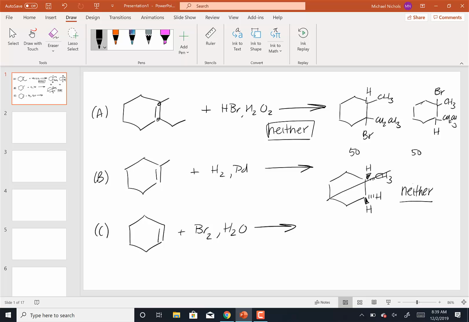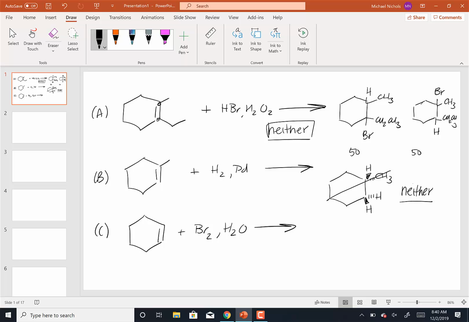Have I seen everybody's? Is there stereochemistry on there? Okay. Are you sure? Okay. Never mind. Okay, so what am I adding?